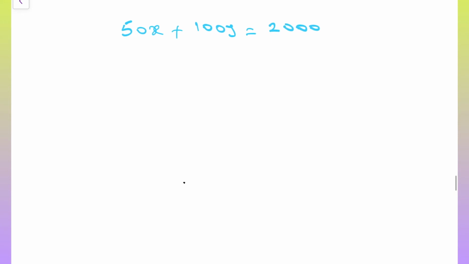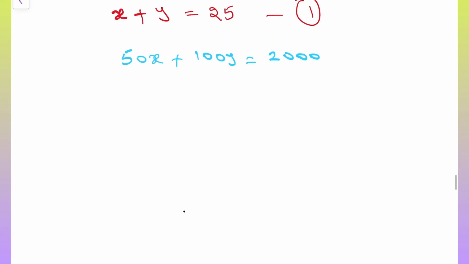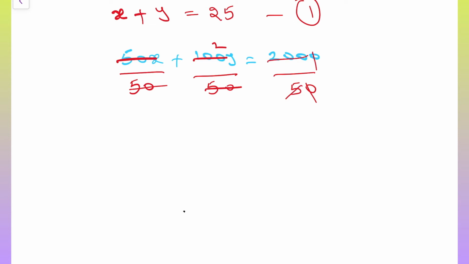Now 50x, 100y and 2000 all come in the 50 table, so let us make this equation easy. I am dividing every term by 50: 50 cancels, 50 ones are 50, 50 twos are 100, 50 forties are 2000. So we get the simplified equation x plus 2y equals 40. This is equation number 2.